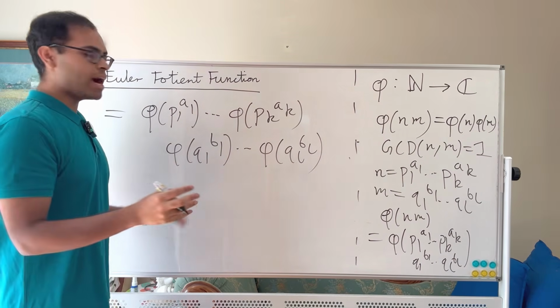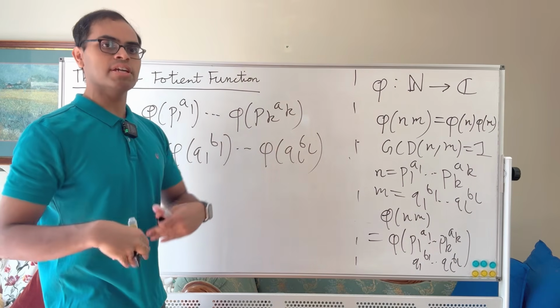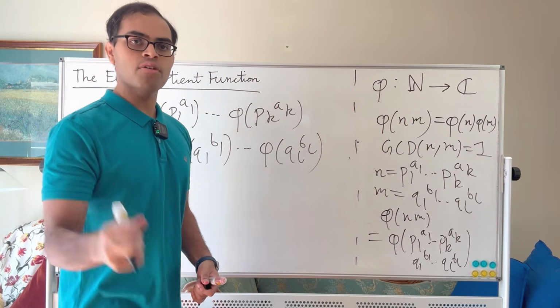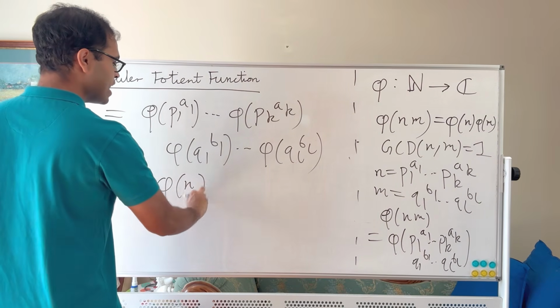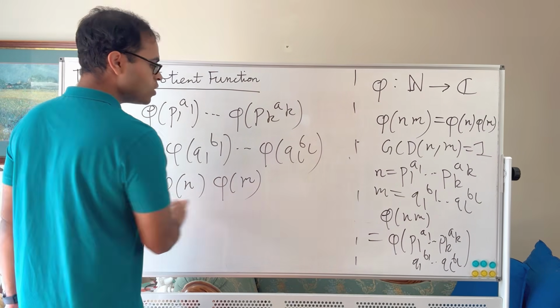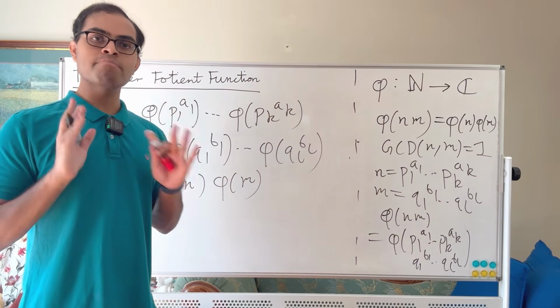We're just multiplying it out, and of course we know the first branch is equal to phi of n. By the same principle, we can find phi of n by multiplying over the prime powers that go into n, and then this is going to equal phi of n times phi of m. So we've shown that it splits over coprime numbers, and this is what it means to be a multiplicative function.